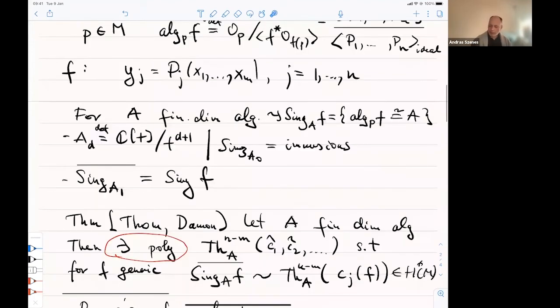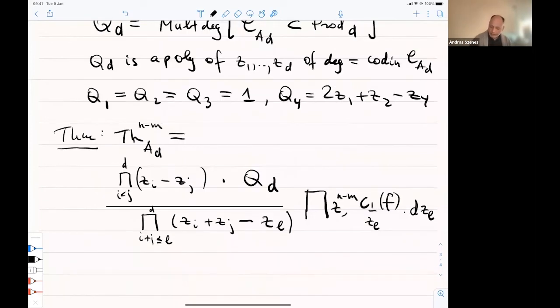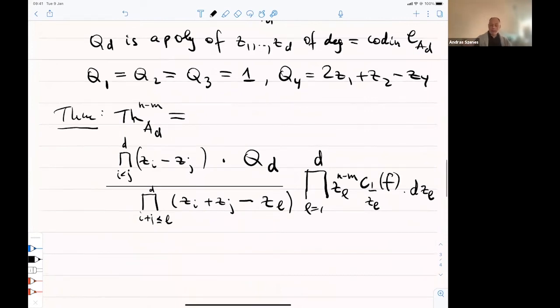I haven't used anything yet. No, I used l, so that's just an index. Okay. And so I have now this big rational function with values in our characteristic classes, where this letter is a standard thing.